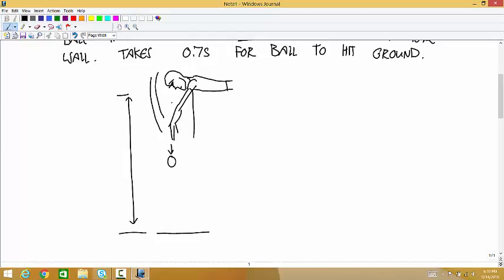That's not drawn to scale, or else that guy would be like 40 feet tall. How fast was the ball going when it was released?